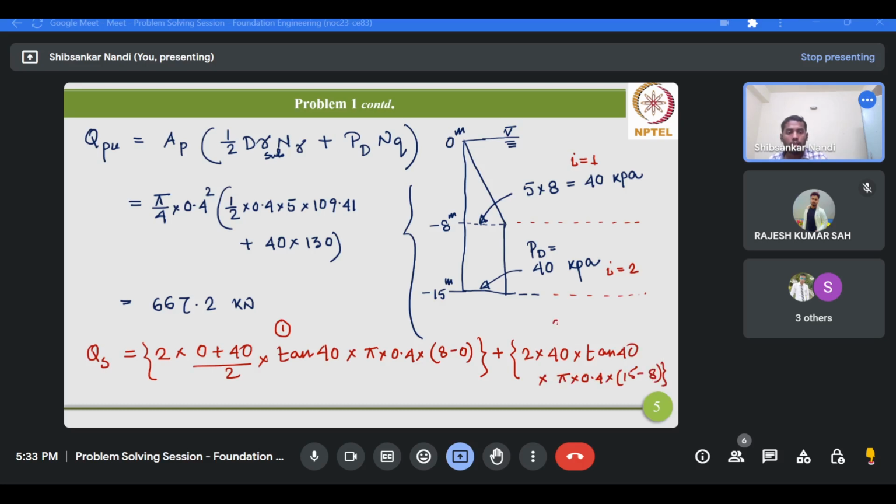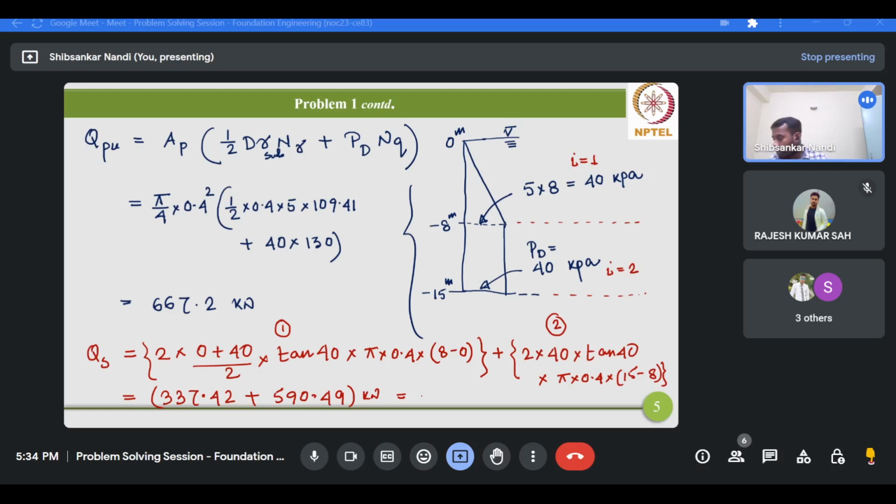This is the contribution to the skin friction resistance from layer 2. If you calculate, the first component I think will become 337.42 and the second component will become 590.49. Please cross check these values, as I may be wrong in the calculation.